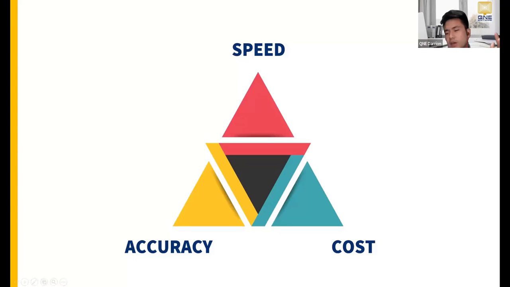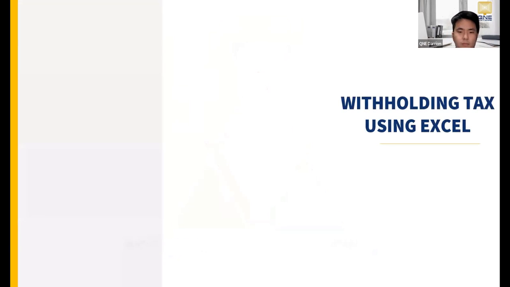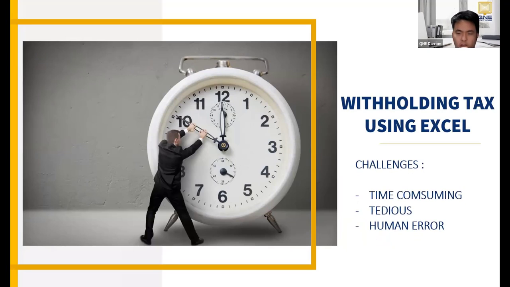So for most of you out there, if you're not using any software to do your accounting, tax, or withholding tax, then you are most likely using everybody's good friend, Microsoft Excel. Okay, but the problem with doing withholding tax and accounts with Microsoft Excel is that it is time-consuming, tedious, and prone to human error.